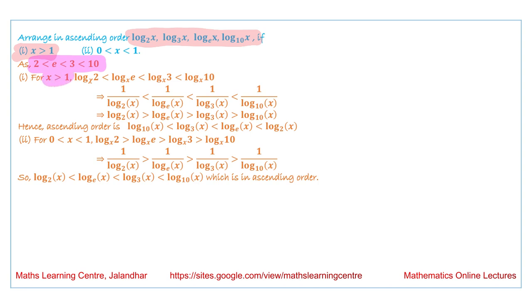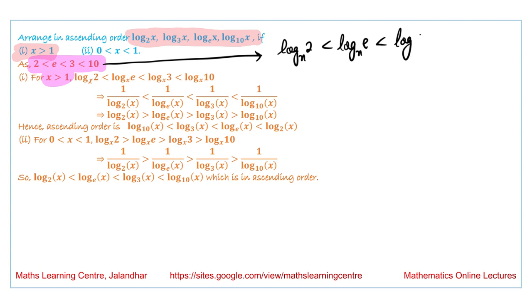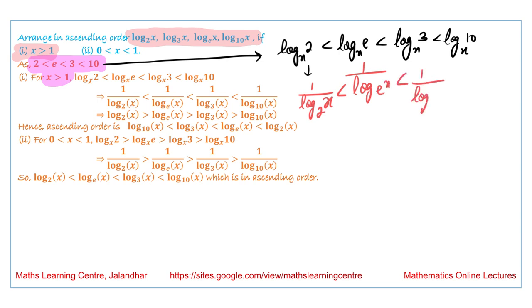So when we are talking about the case when x is greater than 1, from this result we can write log_x 2 < log_x e < log_x 3 < log_x 10. Now we can write this as 1/log_2 x < 1/log_e x < 1/log_3 x < 1/log_10 x.